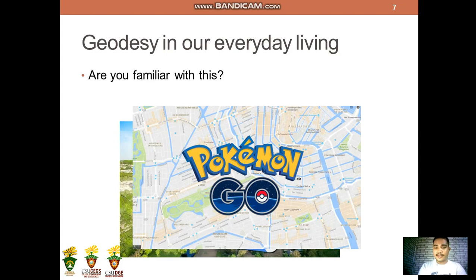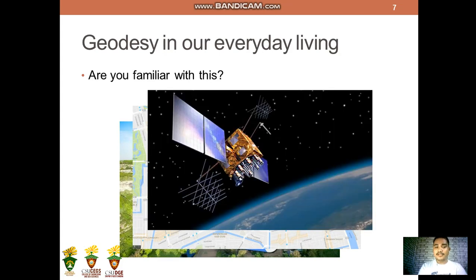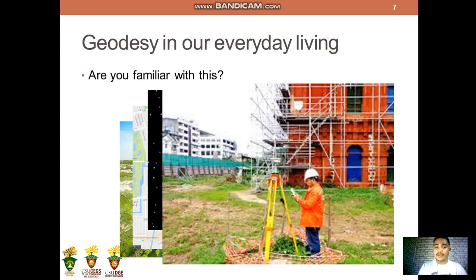Or are you familiar with this one? Yes, that's a satellite. Or have you ever seen a person operating this kind of instrument? By the way, that is a GNSS receiver. Well, if you are familiar with those pictures, then geodesy is part of your everyday living.